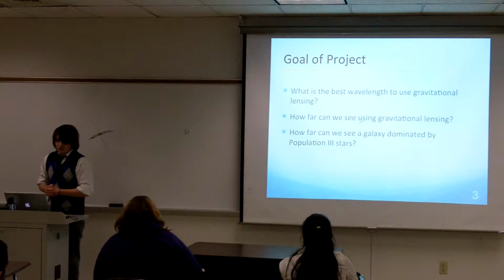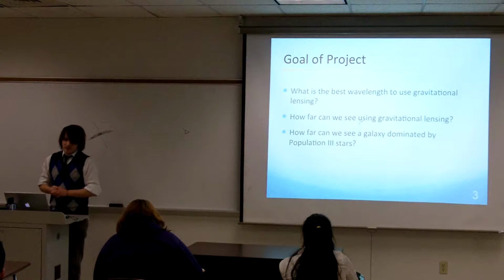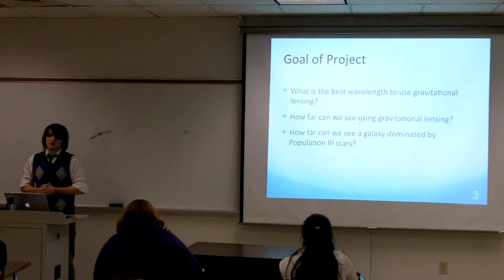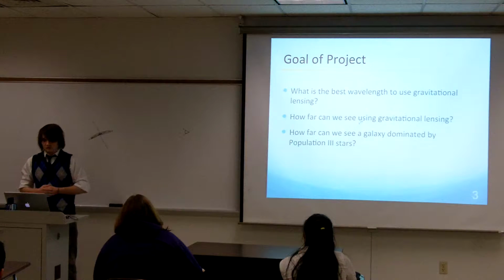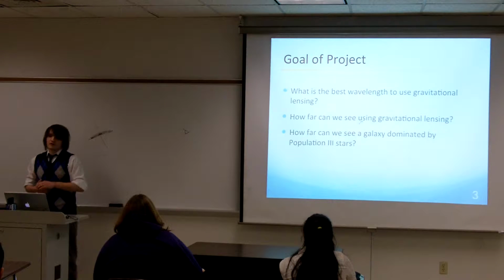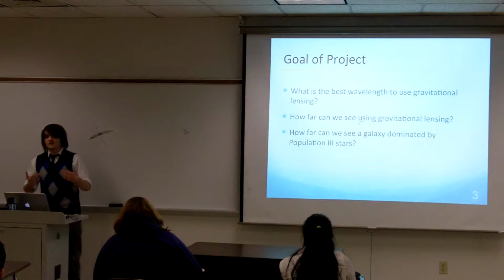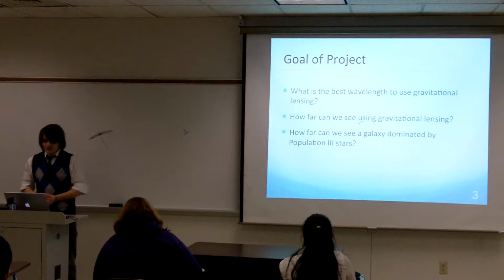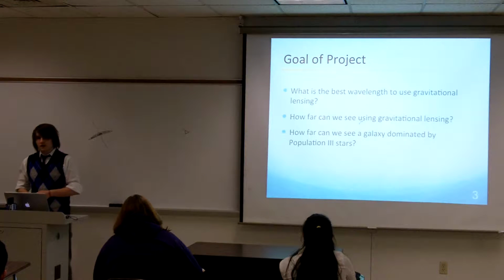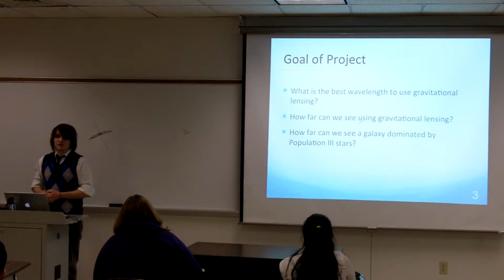And then another question I had: if you're talking about the early universe, you have to talk about population 3 stars, which I'll get to later if you don't know what those are, but they're theorized to be dominant in the early universe. And I hope to discuss how you go about doing that.